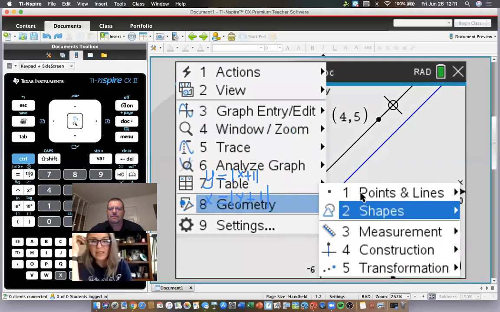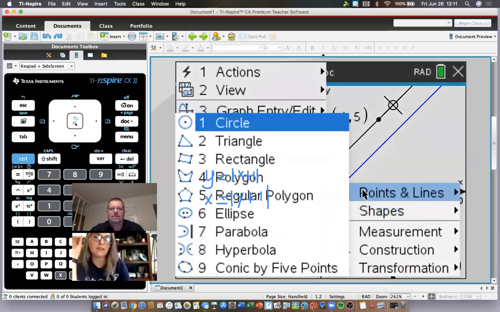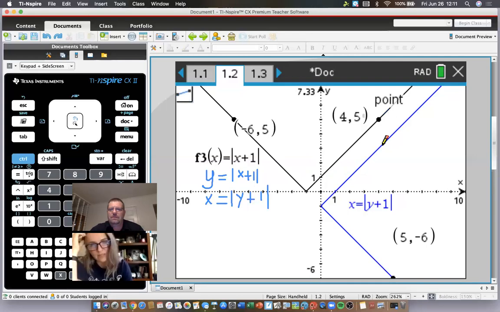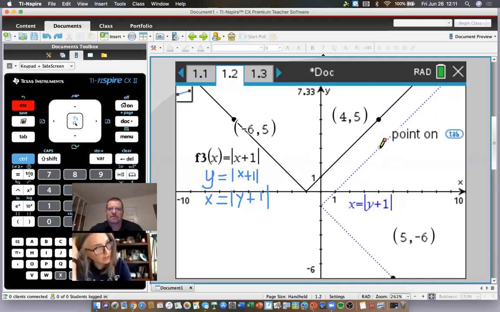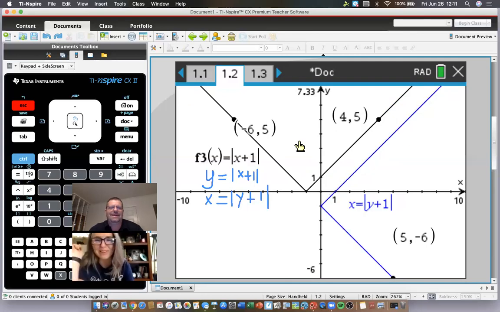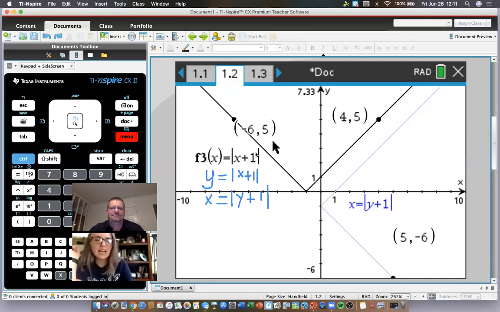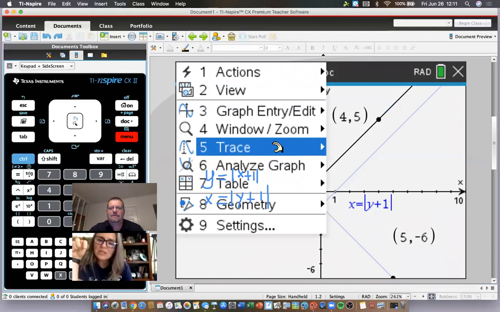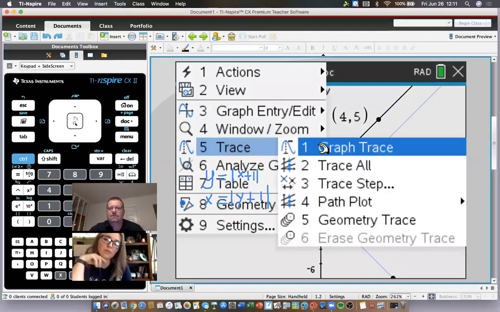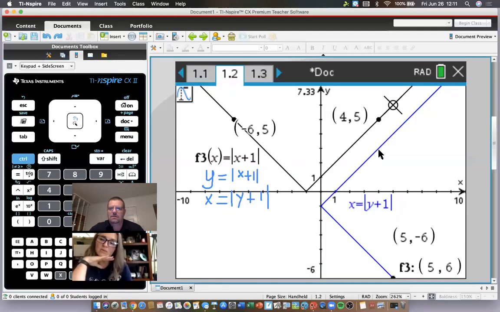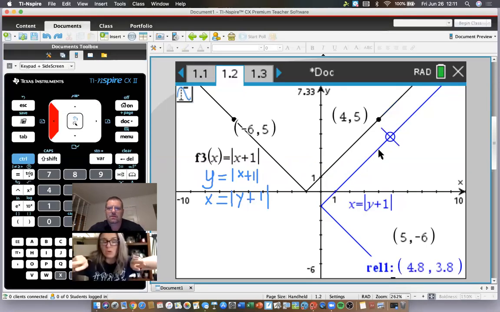He's trying to stack 2 points on top of each other for a very specific reason, guys. Sometimes math teachers have to think through the point they're trying to make. While he's doing that, I'll tell you that the only way I could solve x equals the absolute value of y plus 1 is to break it into 2 pieces.